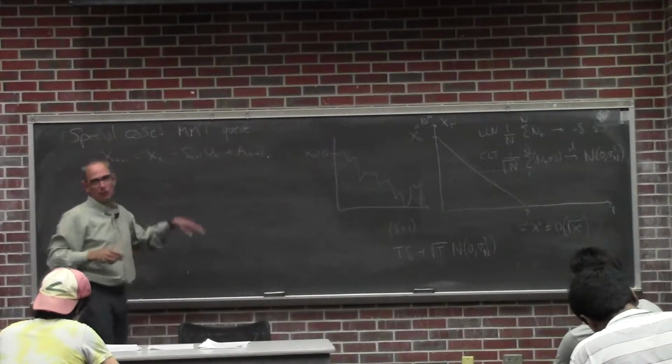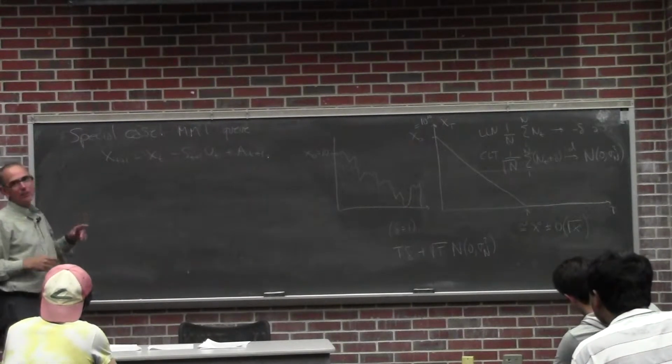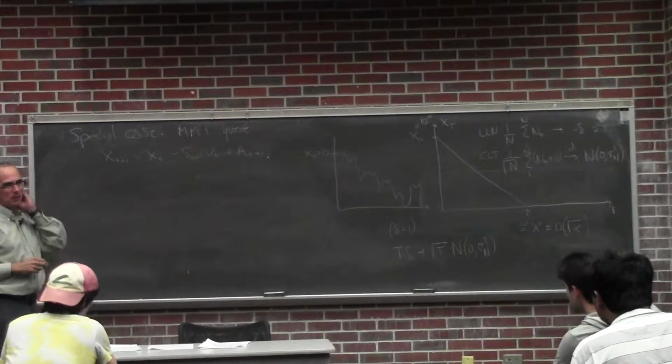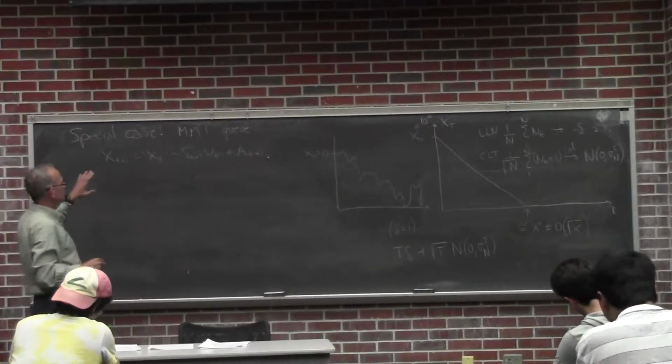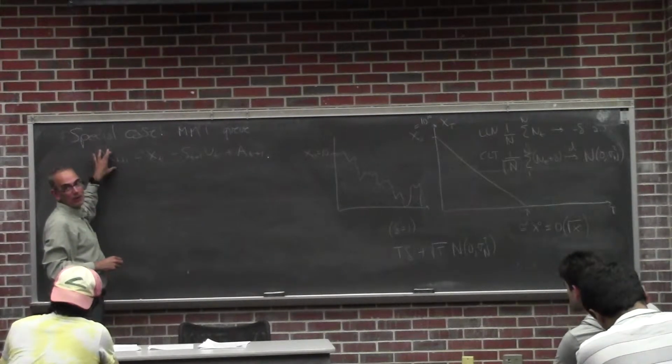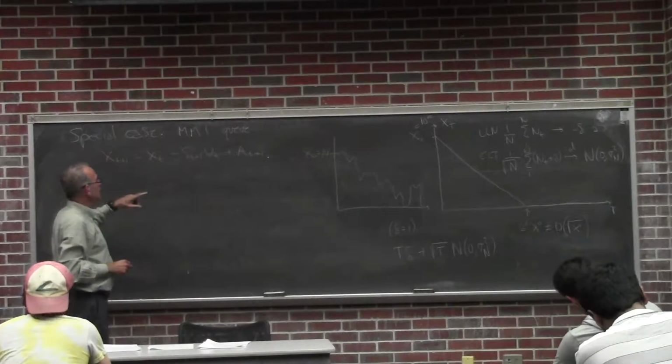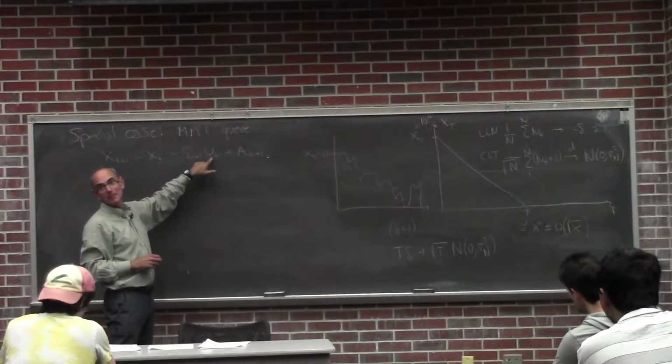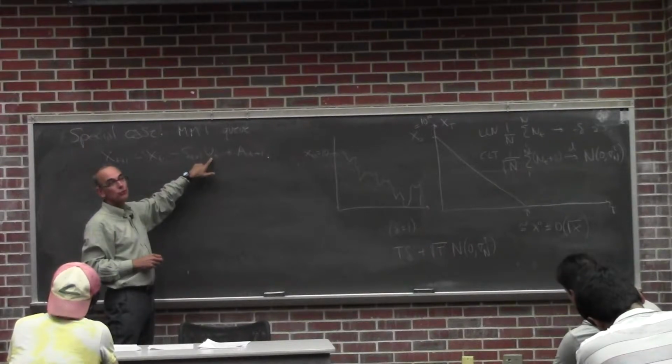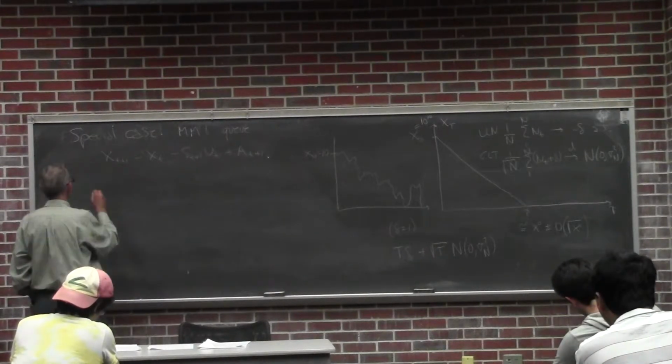Should I write it? I'll write it that way. This is more general notation, but I'll explain what I mean. So an M1Q is written in a slightly different way because I want to emphasize it's sort of a controlled model. U_t is a control.